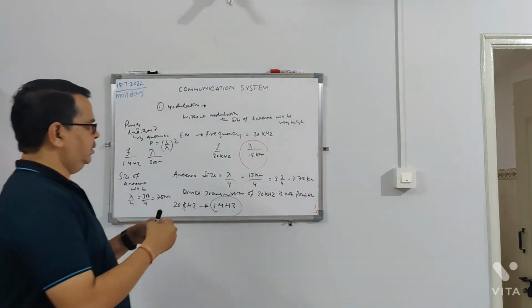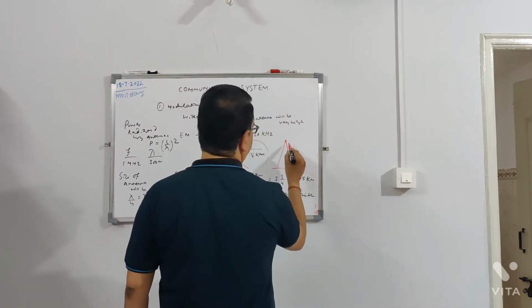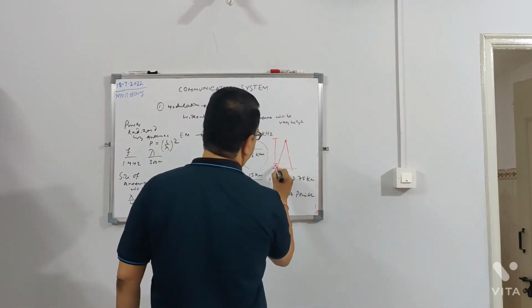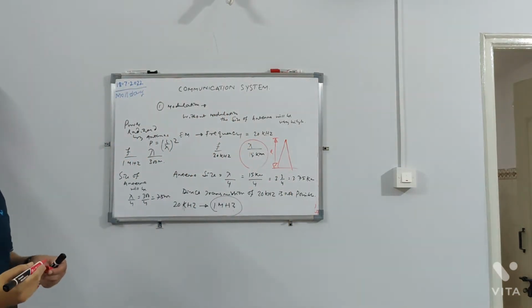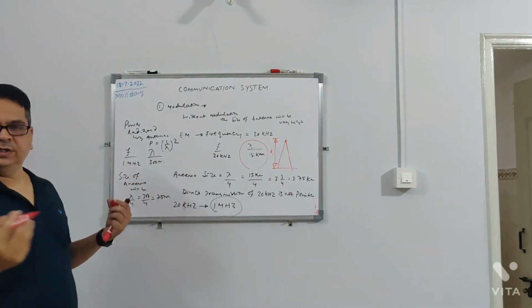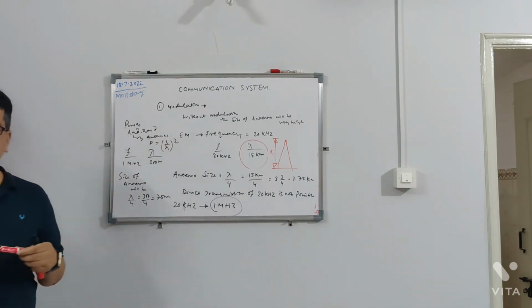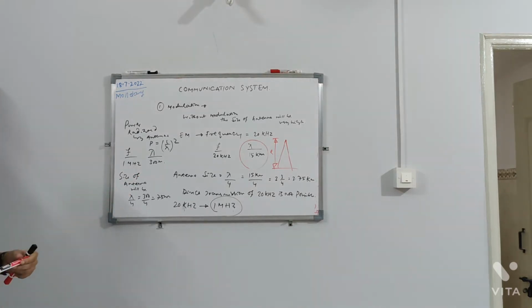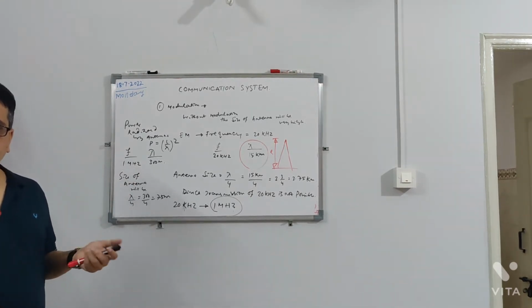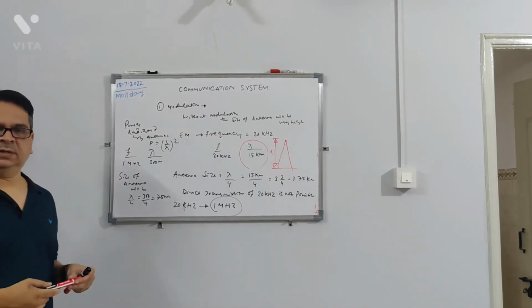So if this is my antenna, let us say this is the height, the length of my antenna, okay. The higher the length, the more power transmitted, and the higher the wavelength of the radio wave or electromagnetic wave, the less the power. So the more the frequency, the less the wavelength, and the more the frequency, the more the power transmitted.